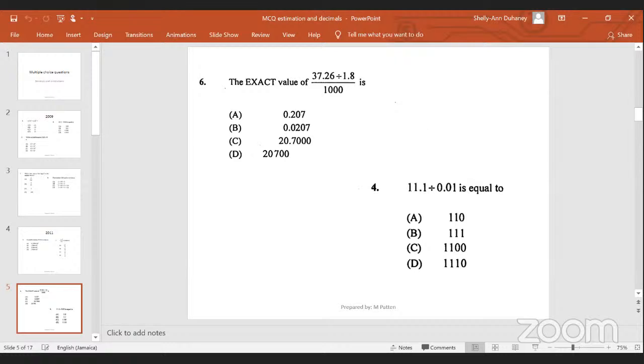Can somebody tell me how to remove this from the screen so that I can write? I can see the question. And don't laugh.